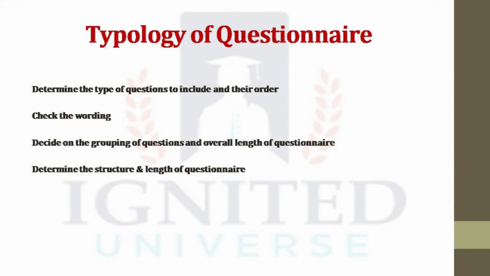Then comes the role of arranging the questions in proper order. The order of questions is of equal importance to the wording used in the questions. Questions communicate and set participants in a particular frame of mind.